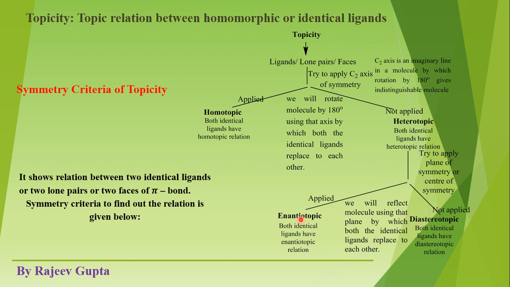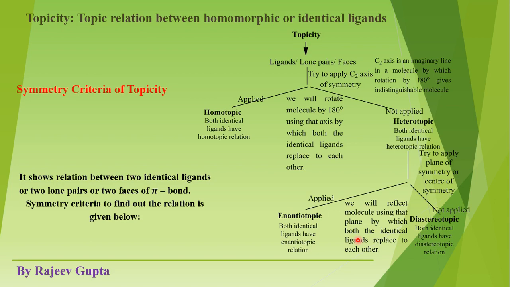So these are the topic relationships where we use this symmetry criteria to define the topicity of relation between these two homomorphic ligands, faces or lone pairs. Okay, so this is the simple criteria. So first, how do we check the topic relation? First we apply C2 axis of symmetry, and secondly we apply plane of symmetry.